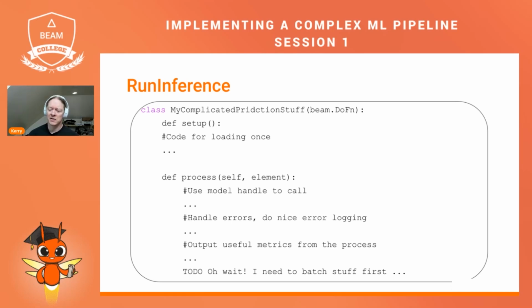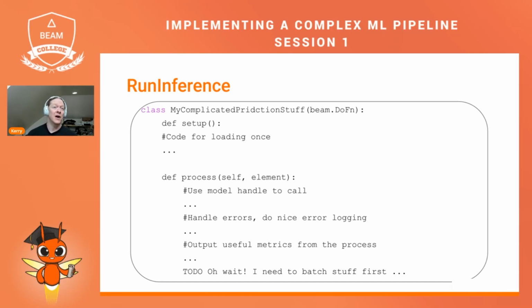The genesis of this transform was when we saw increasing usage of Beam for inference and saw that it involved a lot of heavy boilerplate and repetitive code. So you might imagine that if you were writing your own inference DoFn, it would look something like what we have on screen here.